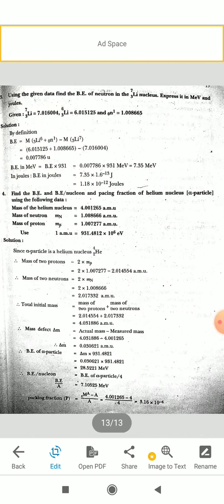Another one: using the given data, we can also calculate the binding energy of the neutron in the lithium nucleus, and express it in mega electron volt and joule.